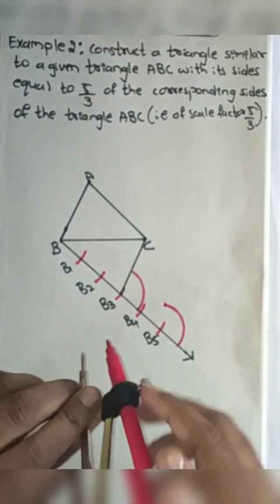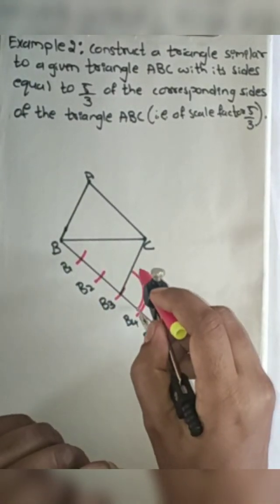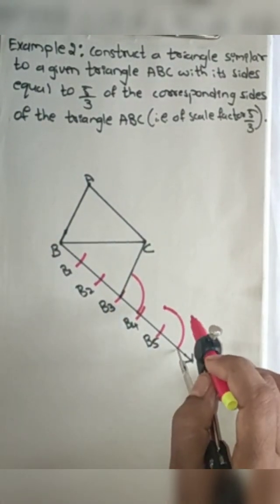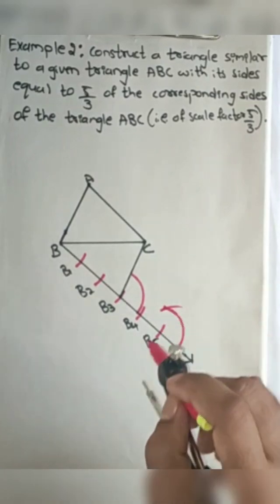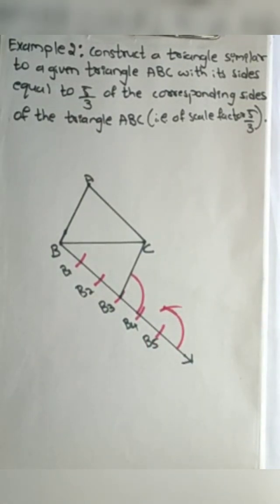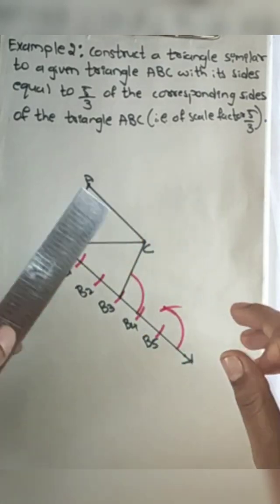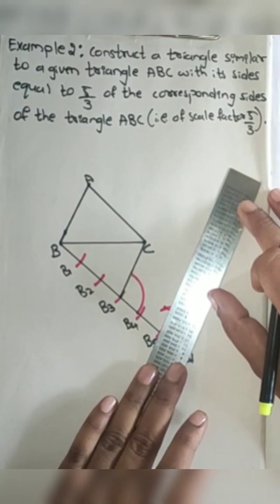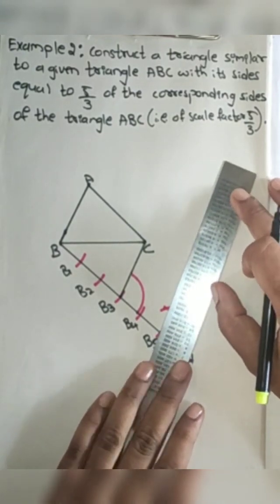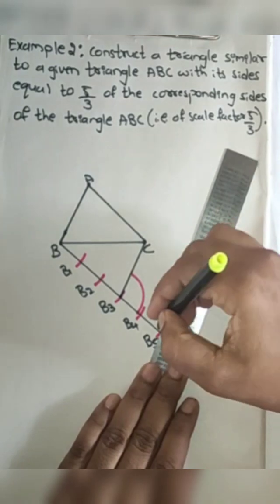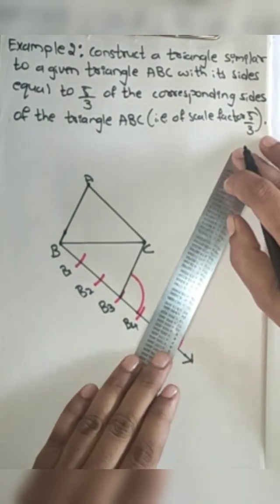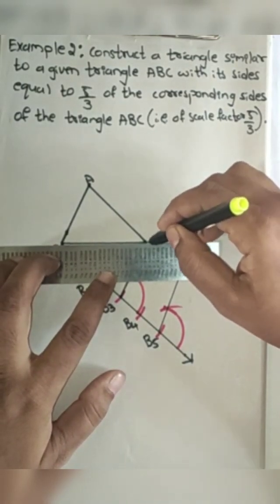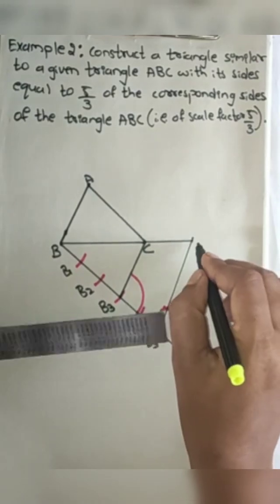Now measure the arc. Cut an intersection arc. Now join the intersection arc and this B5 point, so that we get a parallel line. Okay, should extend this BC to get C dash. This intersection point is our C dash.